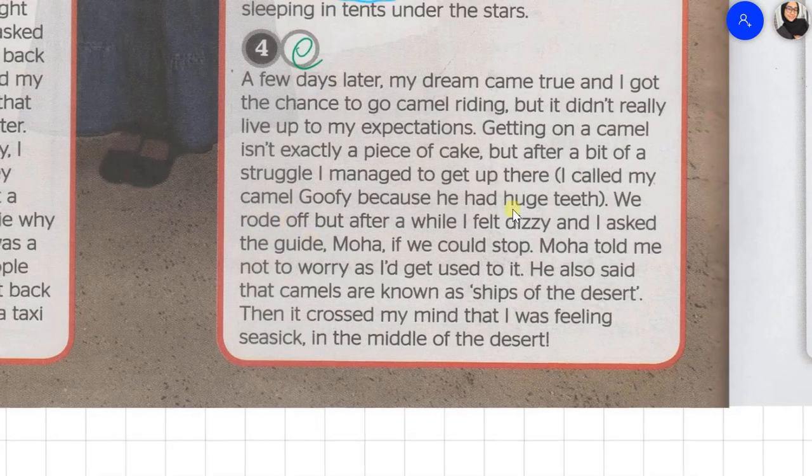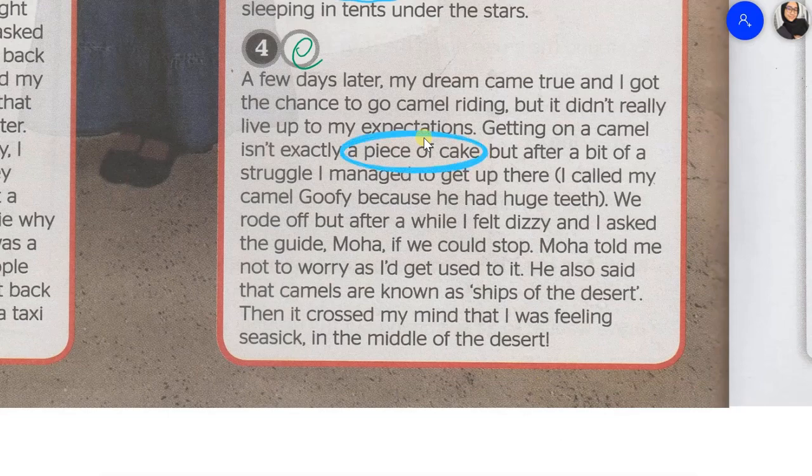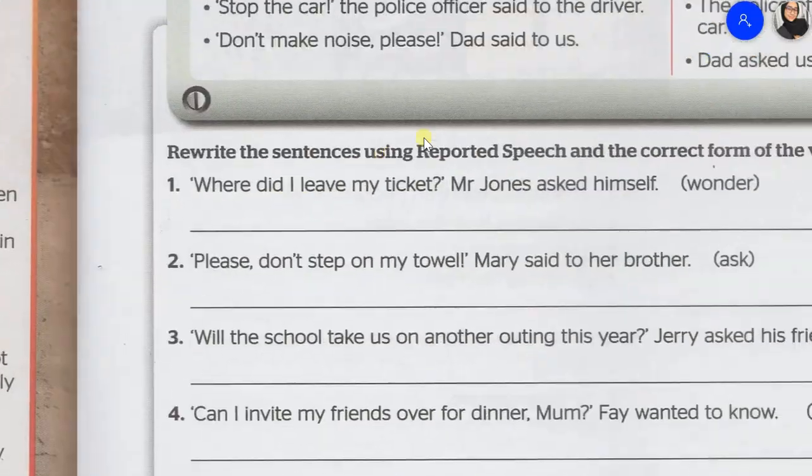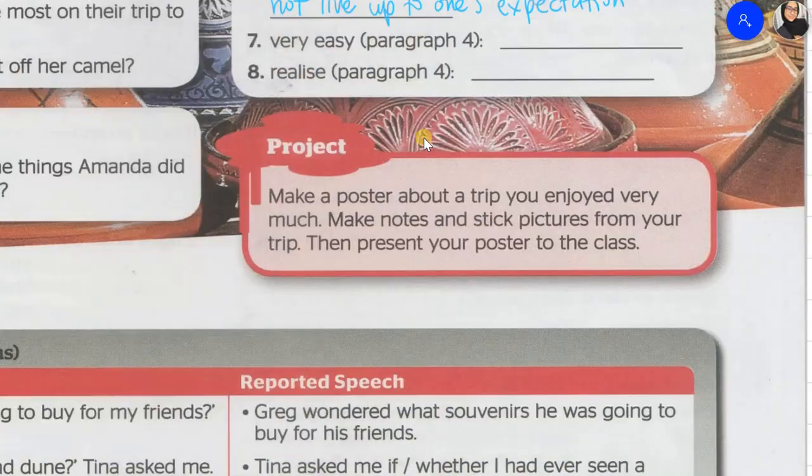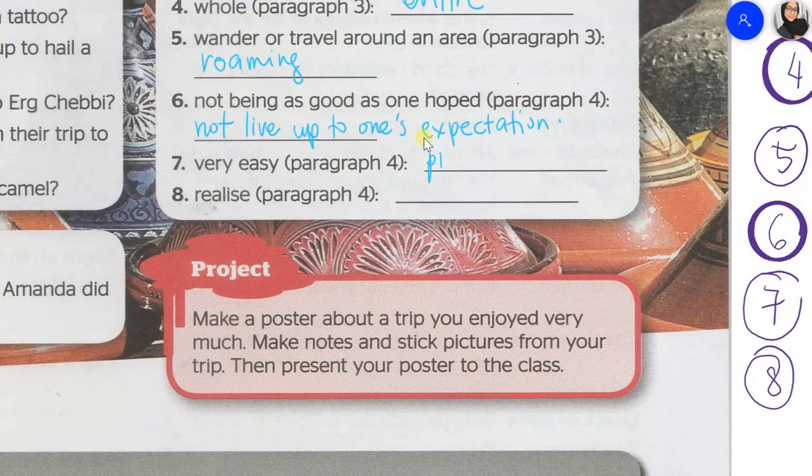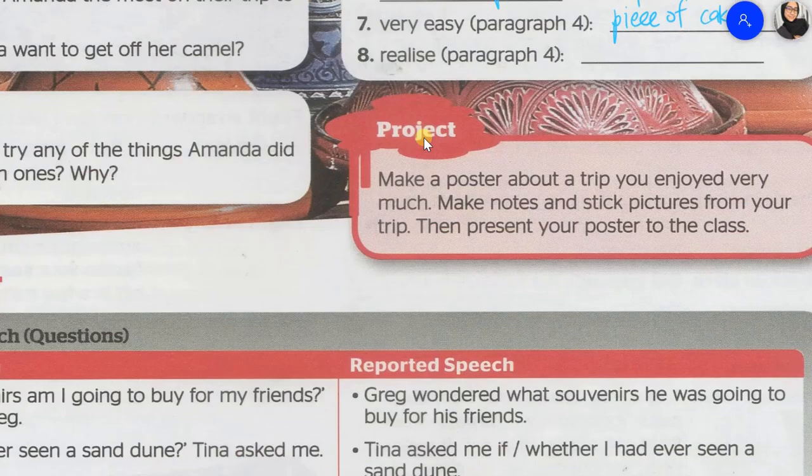Getting on a camel isn't exactly a piece of cake. So a piece of cake means very easy, right? Piece of cake means easy. Kacang.